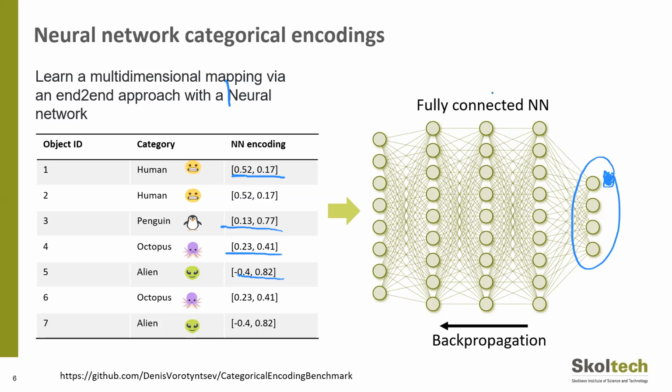And so you can use gradient descent to learn not only the parameters of the fully connected neural network, but also learn embeddings. So you optimize this vector to get the maximum performance, and it kind of works. There are even libraries that can do it, but most of the time from our experiments we don't see much improvement from using neural networks instead of other categorical encodings or no encodings at all.